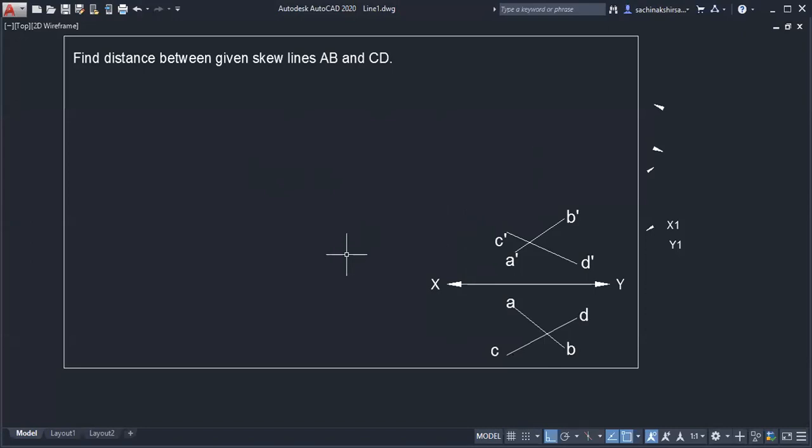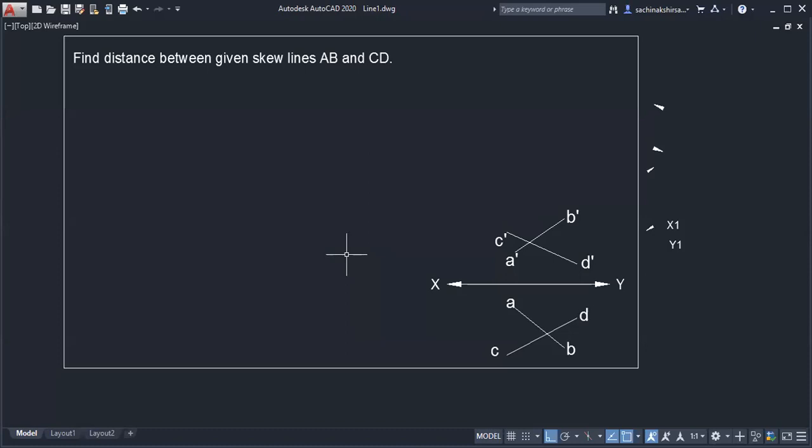So our aim is to get the point view. Now my next question: when are we getting the point view of a line? When the line is perpendicular to that plane. If a line is perpendicular to one plane, how will it be to the other plane? Parallel to the other plane.